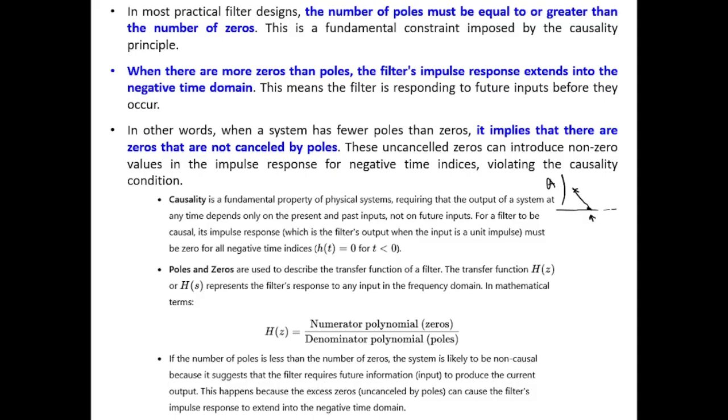So in either case, the pole and the zero cancel each other's effect. So in the Laplace domain, placing a pole over a zero or vice versa is not possible.